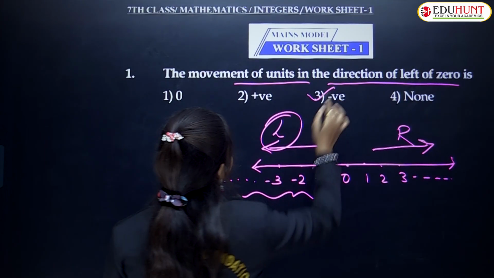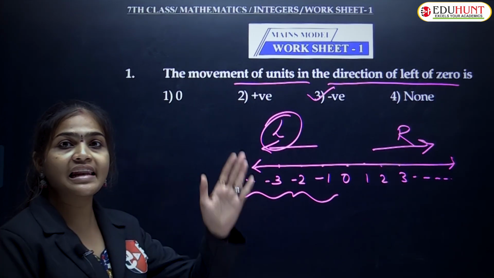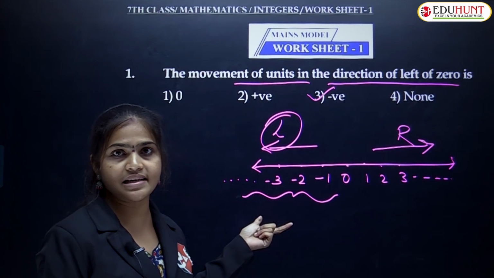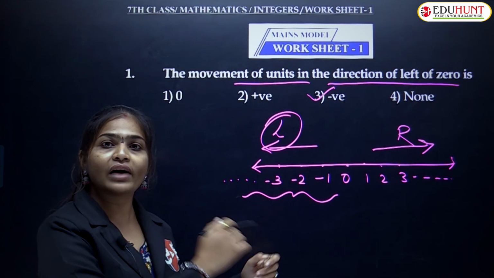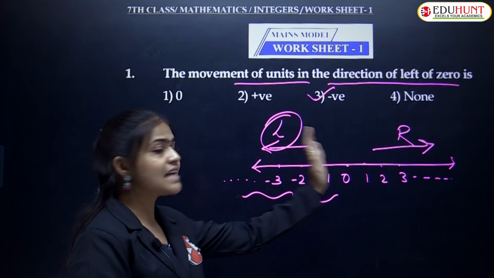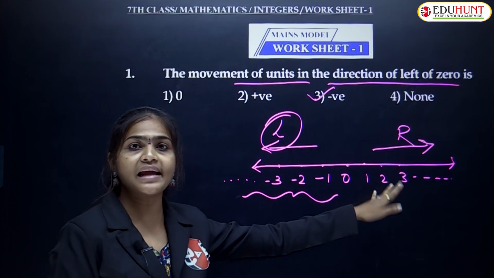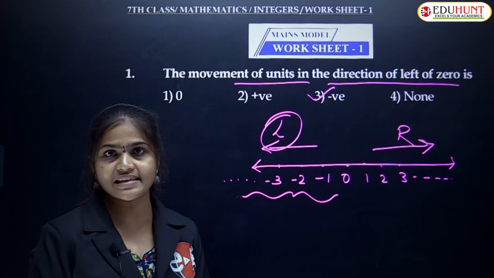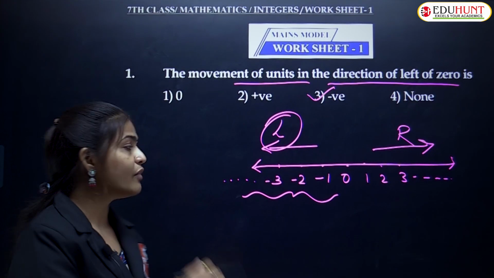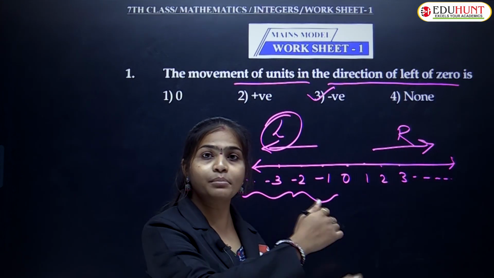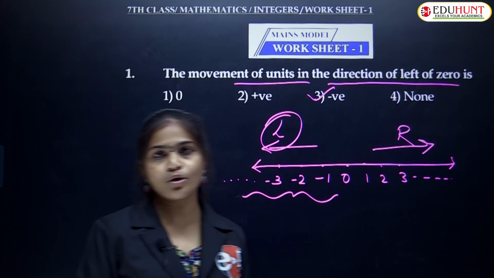So which option is correct here? Option 3 is correct. While we are moving left side of 0 on the number line, we will get negative integers. In the same way, while we are moving right side of 0 on the number line, we will get positive integers. While we are moving from left side to right side, the number value will be in increasing order.